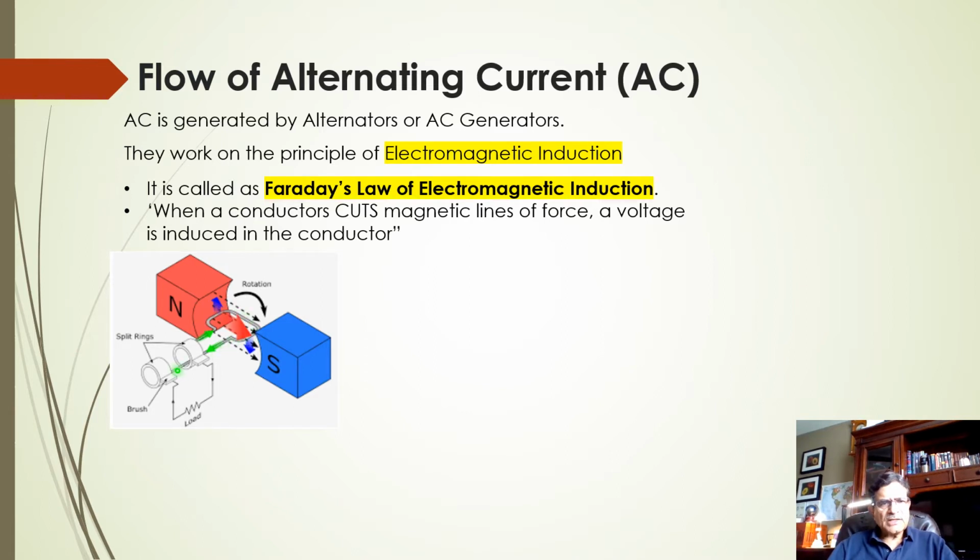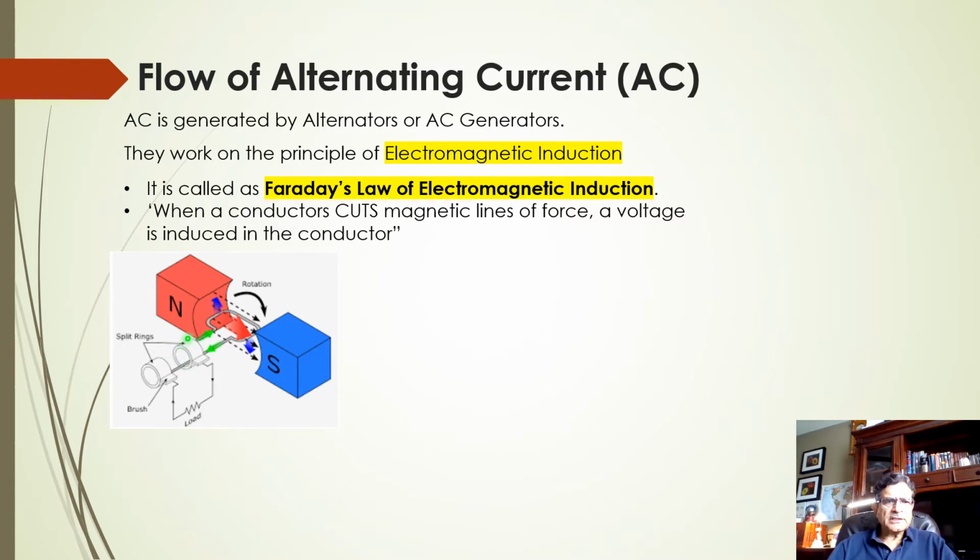This is a single turn coil, but if we keep looping the wire into multiple loops, this will become a multi-layer, multi-turn coil. But there will be two ends only. So what we have done here is solder one end of the copper wire to a copper ring, which is called a split ring or slip ring.